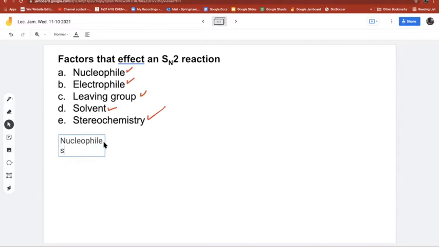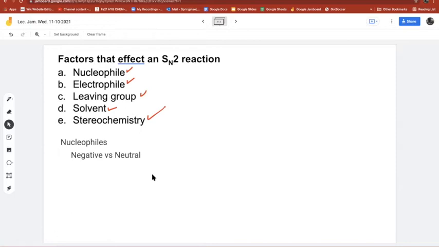So nucleophiles. Negatively charged versus neutral. What do you think makes a stronger nucleophile? A nucleophile with a negative charge or a nucleophile with no charge?